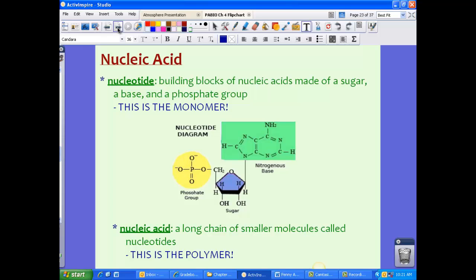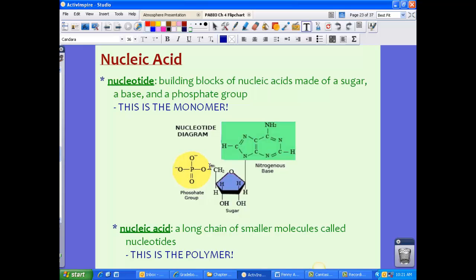Now, nucleotides are the monomer of nucleic acids. Several nucleotides are put together and they form a nucleic acid. A nucleic acid is a long chain of smaller molecules called nucleotides. So your nucleotides are the monomers that make up your polymer of nucleic acid.